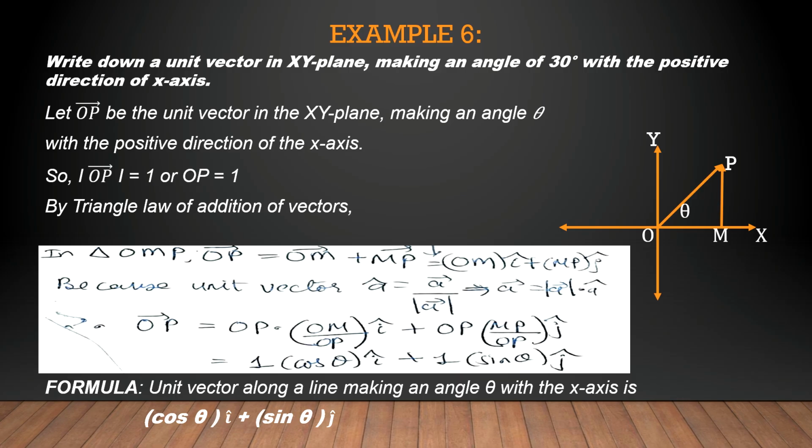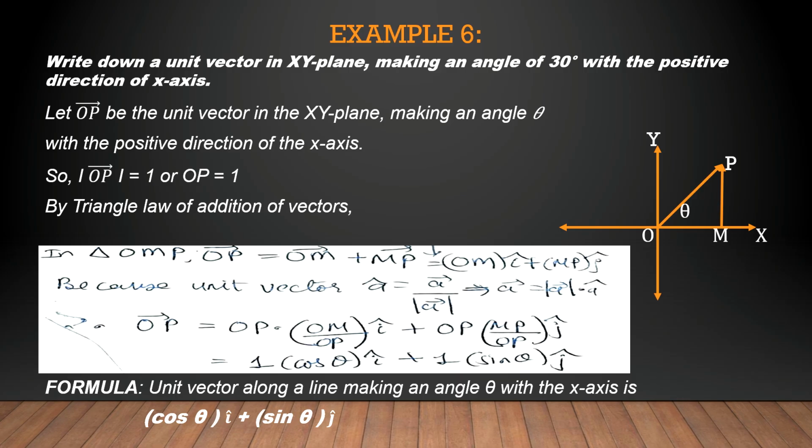Next, on the right hand side you multiply and divide by OP. So you will be getting OP into OM upon OP into i cap plus OP into MP upon OP into j cap. But what is OM upon OP? What is the definition of cos theta? Cos theta is equal to adjacent side upon hypotenuse.